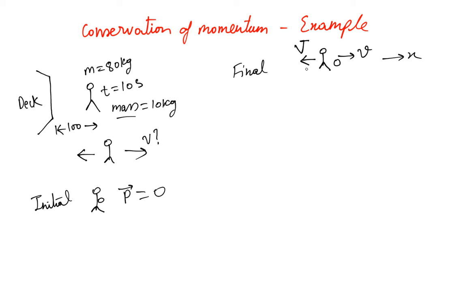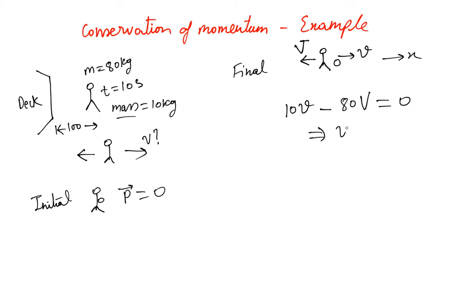What is the net momentum in the final situation? Well, it's going to be 10v, where 10 is the mass of the ball and v is the velocity of the ball, pointed in the x direction, minus 80 capital V equals 0, because still the net momentum of the whole system is 0.